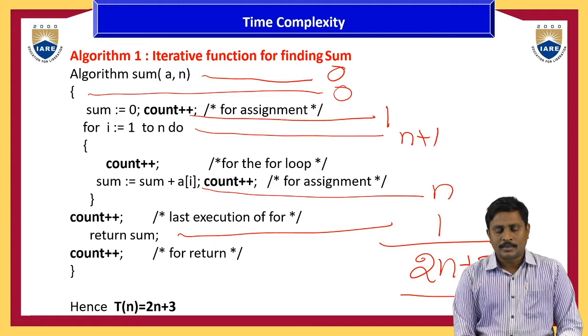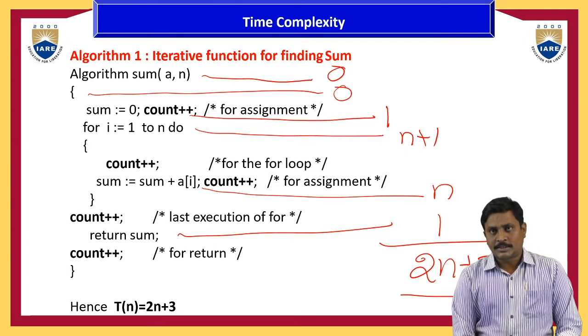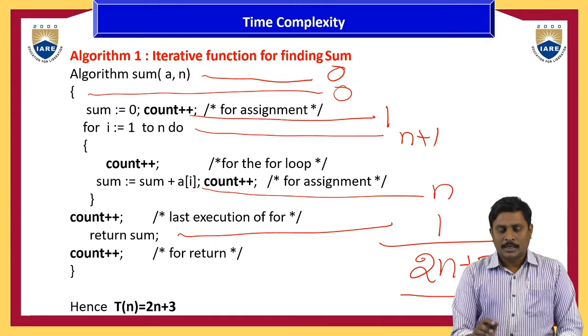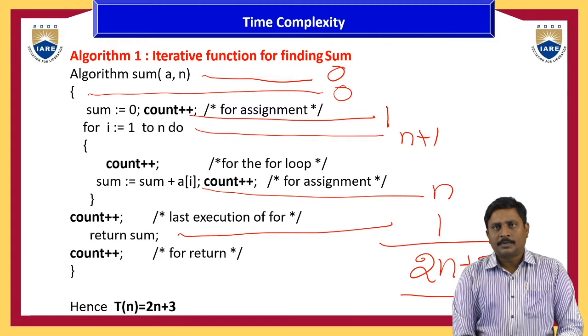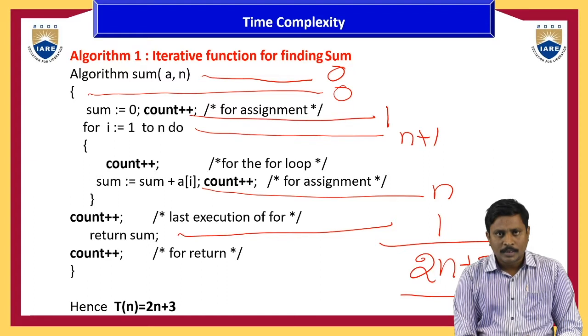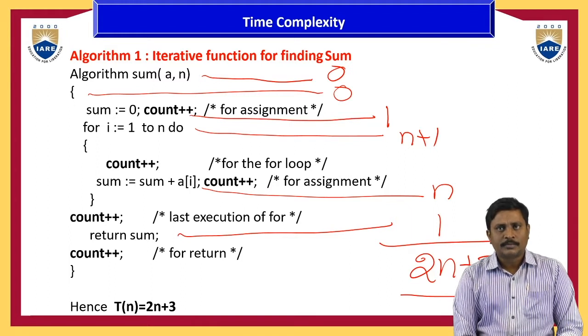So once again, listen. The braces take 0 step counts. The name of the algorithm, that is the heading of the algorithm, takes 0 step counts. Sum equal to 0 is a simple statement, it takes 1 time count. For I equal to 1 to n is a statement.